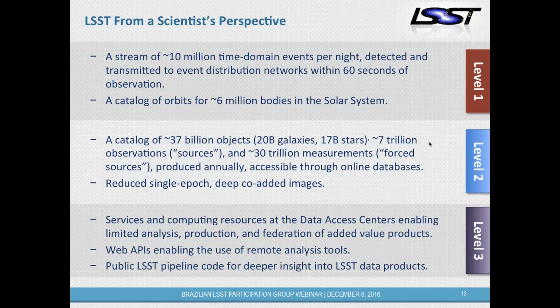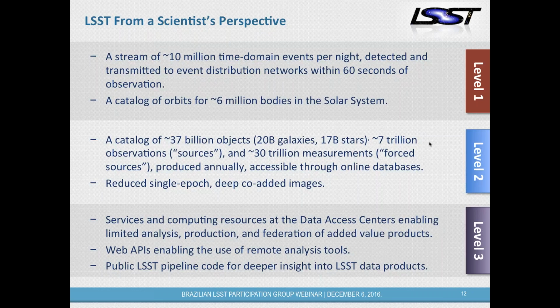These will be reobserved. So there's going to be around 30 trillion measurements of these objects. And most of them are going to be independently detected in individual epochs. So there's going to be 7 trillion sources, or 7 trillion independent observations, in the catalog.